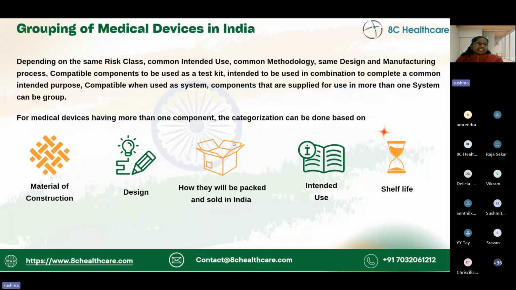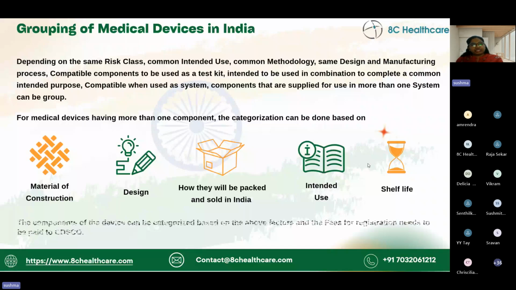Also, intended use and shelf life of the devices are verified in order to group the devices while you file the application. These are a few of the factors that you'll need to verify while you file the application to CDSCO, and accordingly, the additional fees has to be paid to CDSCO based on the grouping.